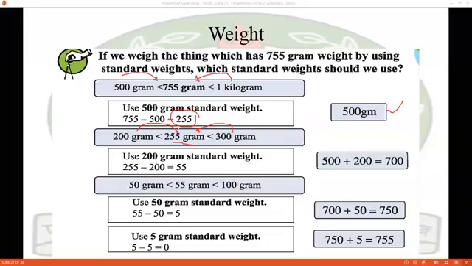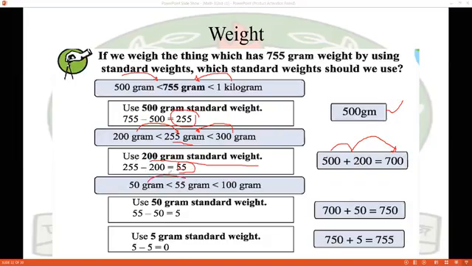So here we use the 200 gram standard weight. So the total weight is 200 gram plus 500 gram equals 700 gram. So we have used 700 gram. At that time we used 200 grams, so the remaining is 55 gram.